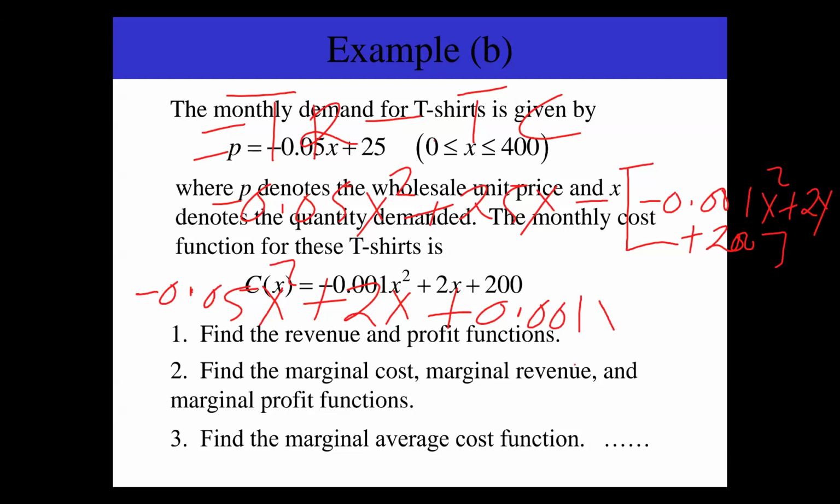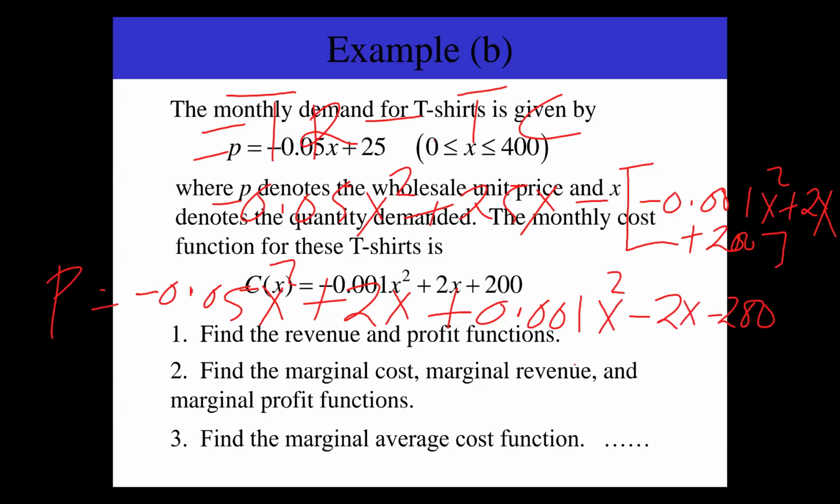Can we say plus now? No. We are expanding times negative. So it's minus 2x, minus 200. Right. Profit function.